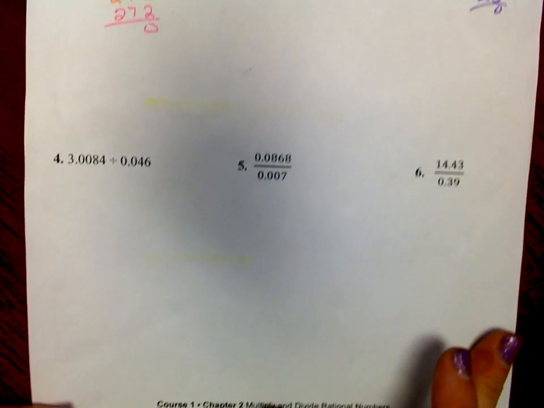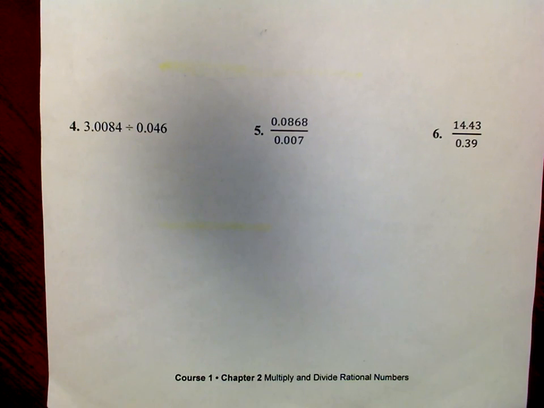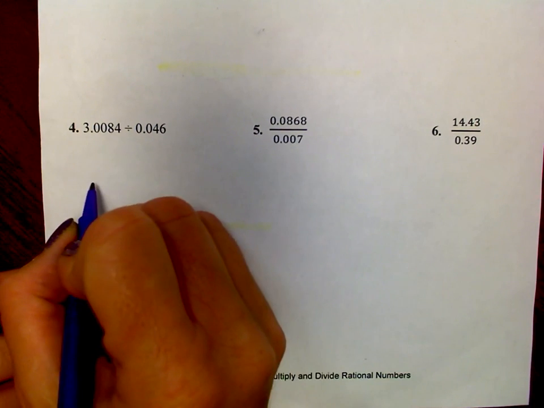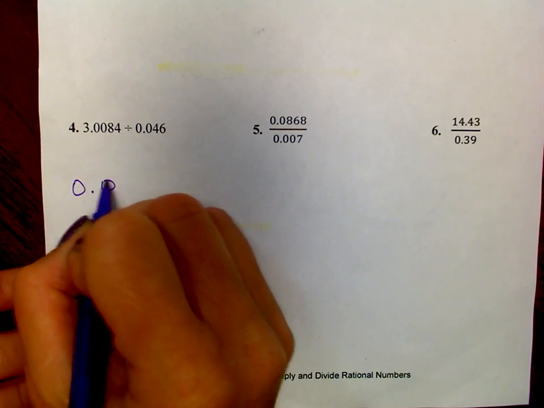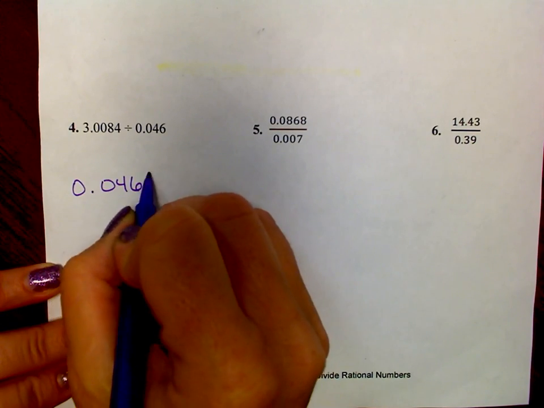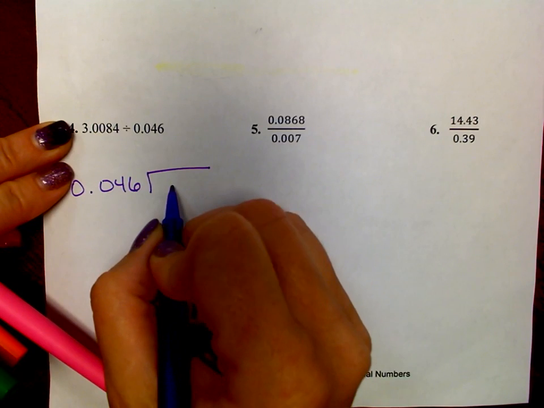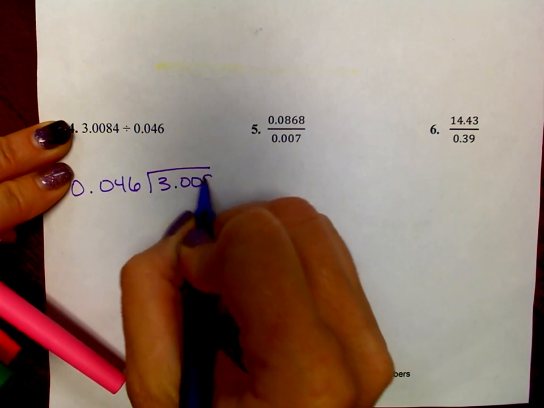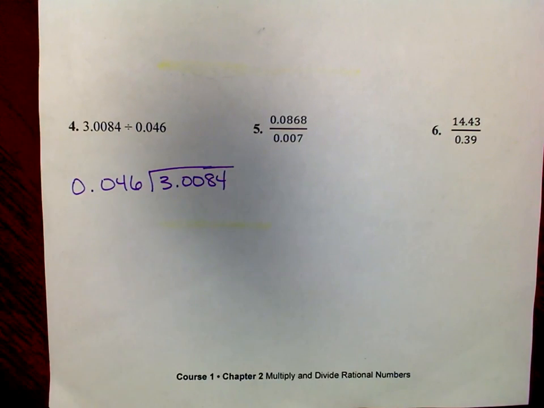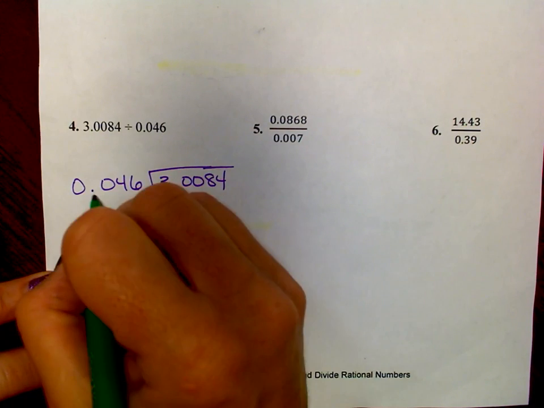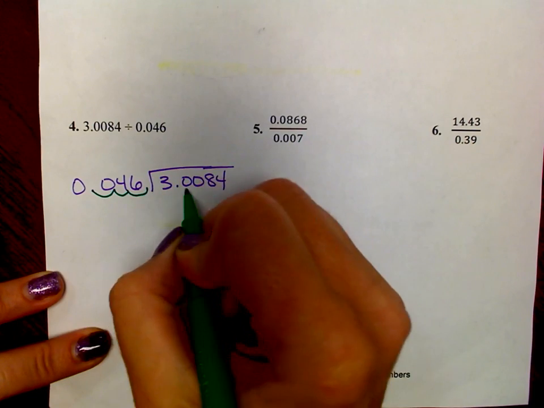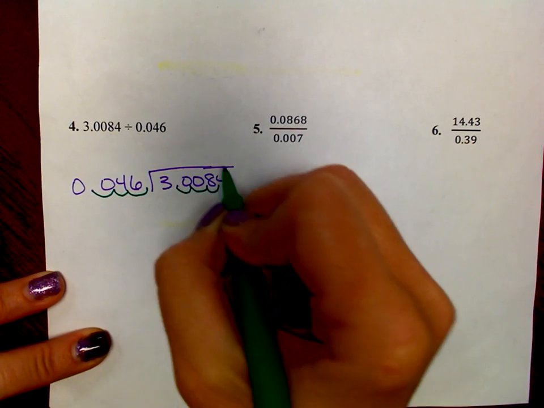Let's look at 4. 0.046 dividing 3.0084. First thing we have to do is move our decimal. 1, 2, 3, 1, 2, 3.